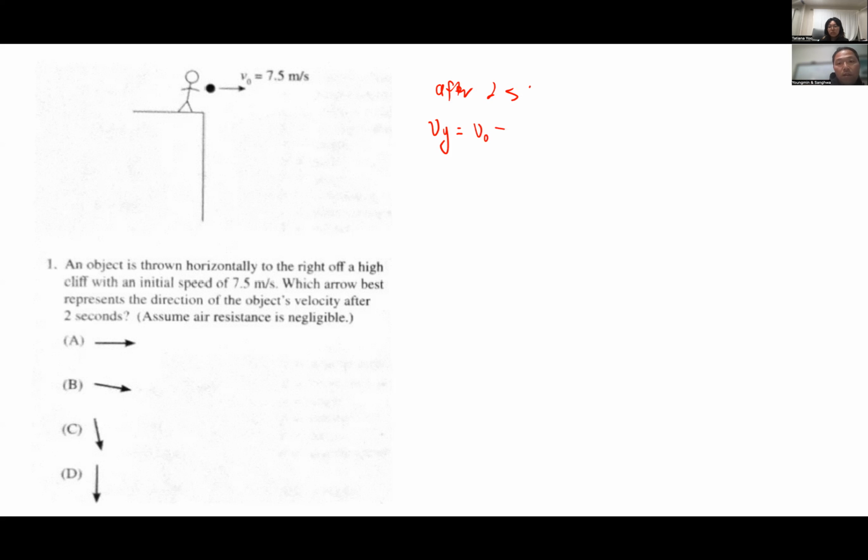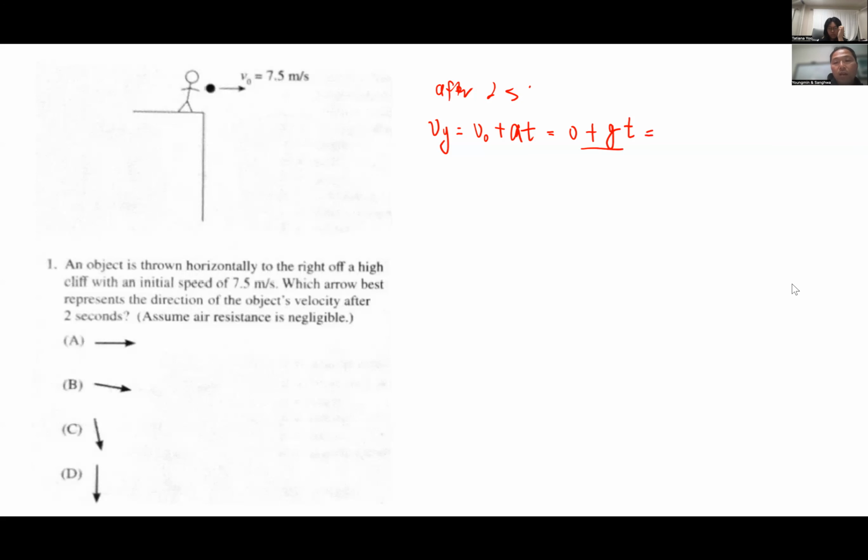The velocity in the vertical direction is the initial velocity plus the acceleration times t. Now there is no initial velocity, so v naught is 0, and in the vertical direction the acceleration is g, and the time t.